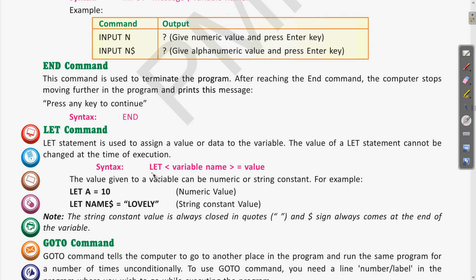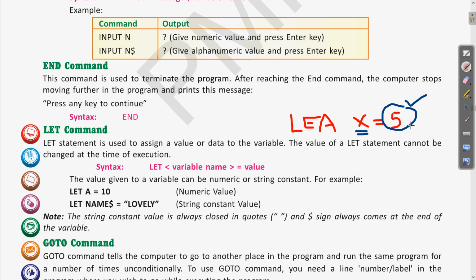Here you can see an example or the syntax also. The syntax is let, the name of the variable, equal to the value. So if I write let x is equal to 5. Clear? This will be the syntax as well as the example. Here 5 is the value which is being assigned, so 5 is a constant, and x, which is written, is a variable.